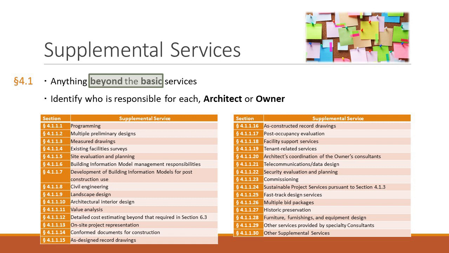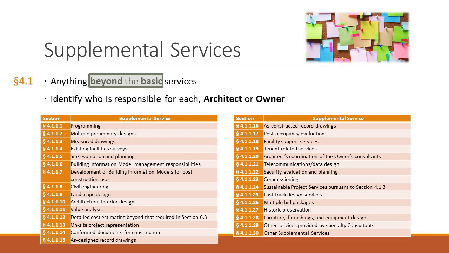Like you can do advanced design, you can do landscaping services, you can do civil engineering, you can do LEED work, you can do high voltage lighting, there's a whole bunch of different things. Each one of those is supplemental, and for any one that you do, you get paid additional money because it's not part of the basic services.